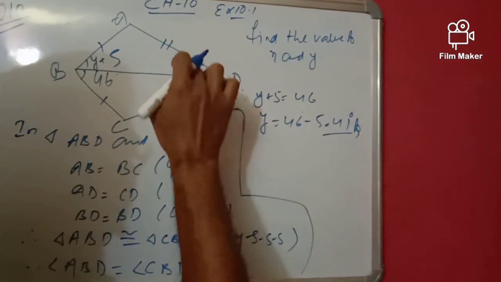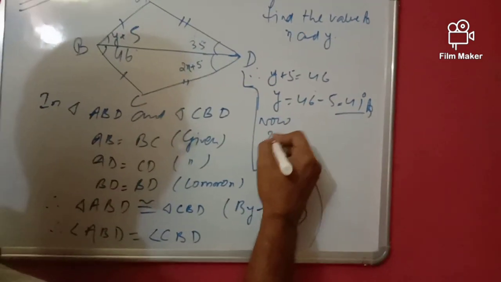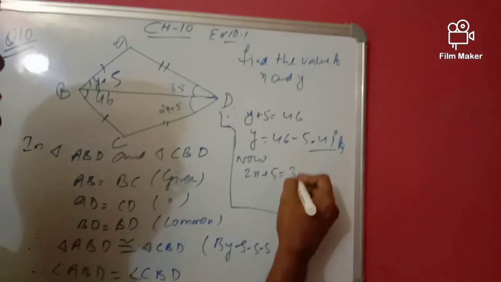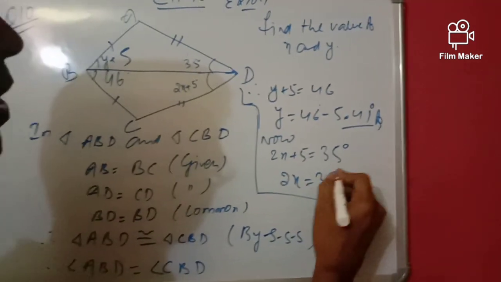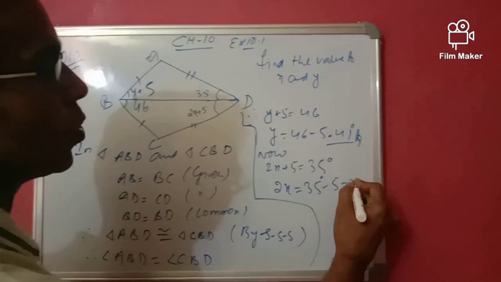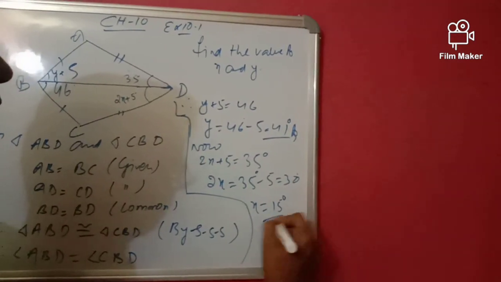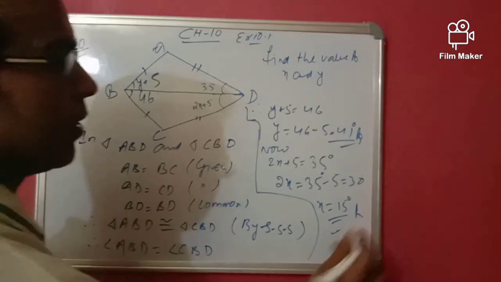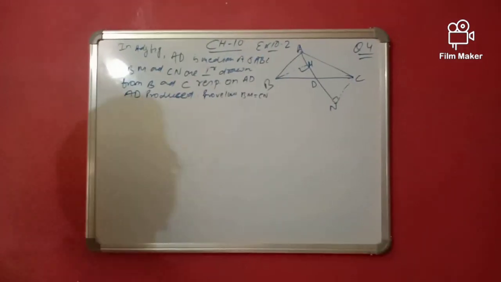Now in the next part, you see 2x plus 5 equal to 35. Therefore 2x equal to 35 minus 5, that is 15 degree. So this is the value of y and x according to the question. Now you have to go to the next question.